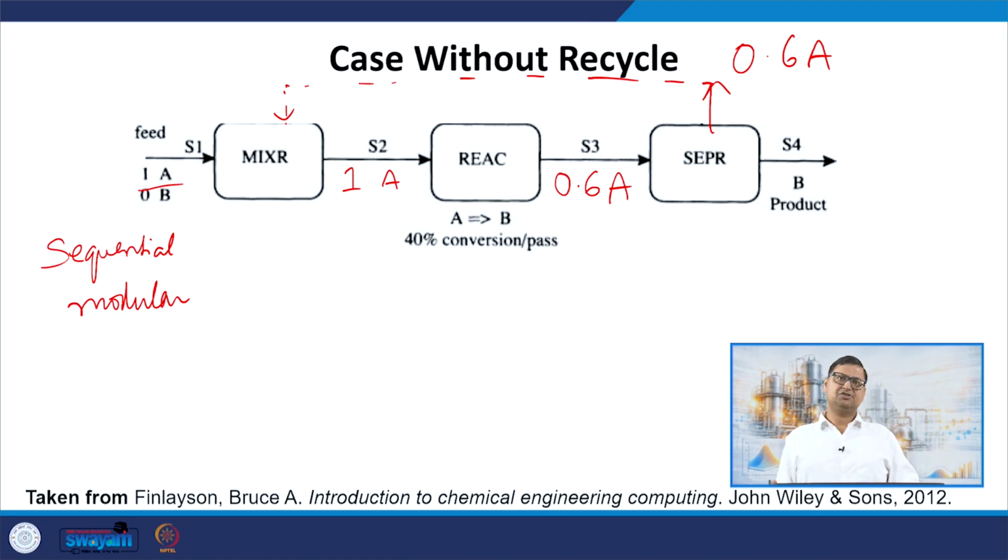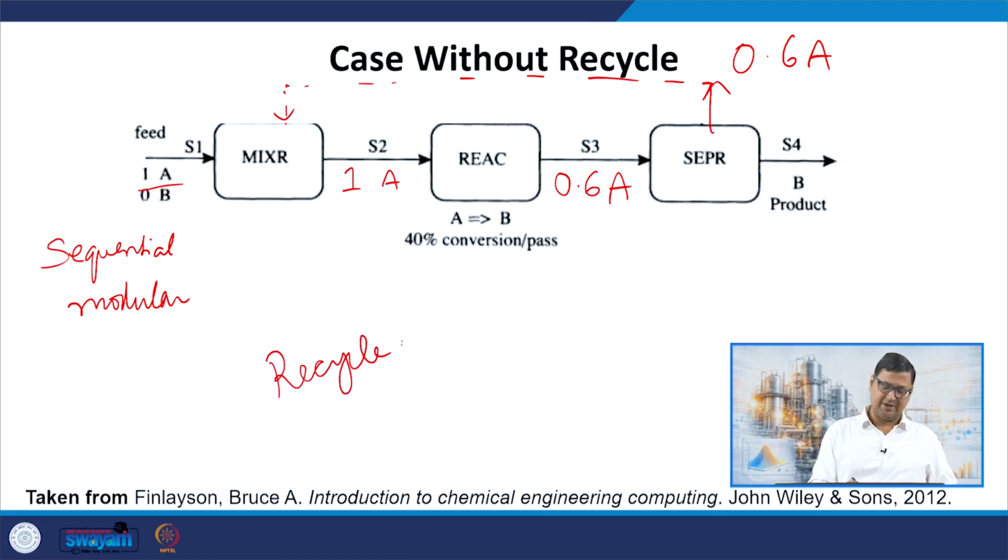I can also do it by the equation oriented approach and write the equations for all of them, but it is not any different from what we are doing here. So the point is, it is the recycle streams which are problematic for us, because recycle streams make the equations simultaneous, and whenever we have simultaneous equations, they are difficult to solve. These are the ones which are going to require iterations.